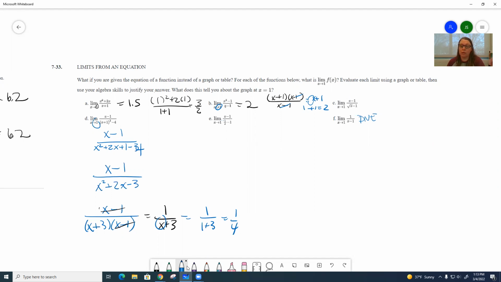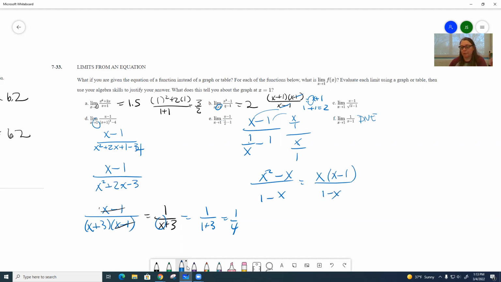Like this one here, I see that x, so I like a supergiant 1. This would be x squared minus x. Here, that would be 1 minus x. If I factor this out, I would have x times x minus 1, and this would be 1 minus x.